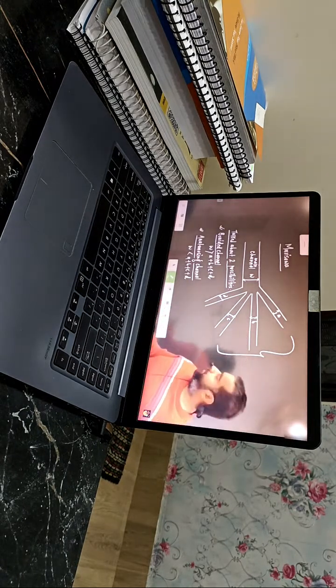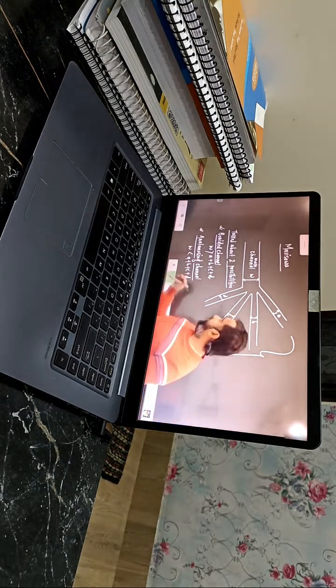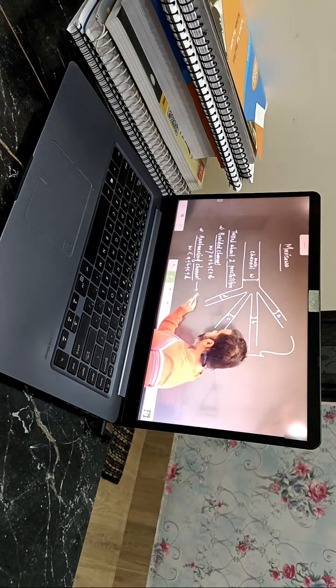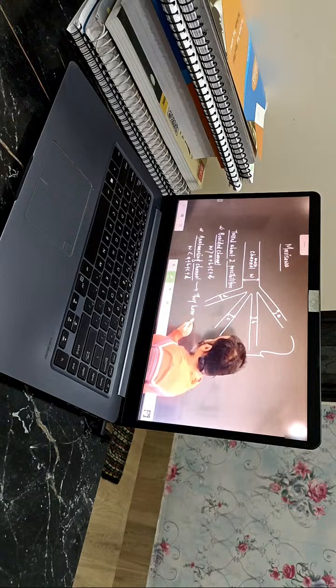So anatomosing simply means that they have ana-branching, okay.